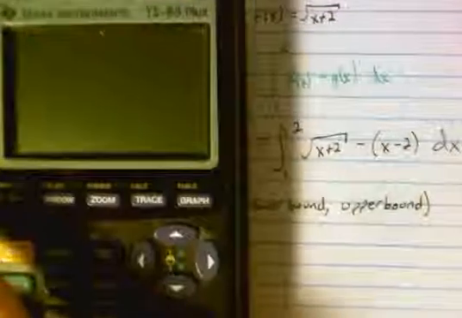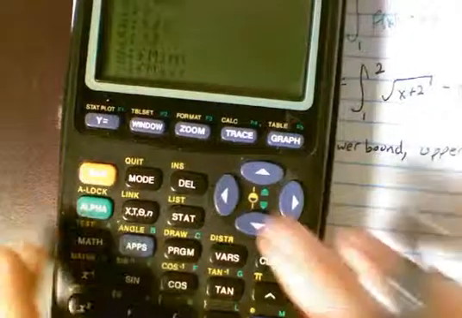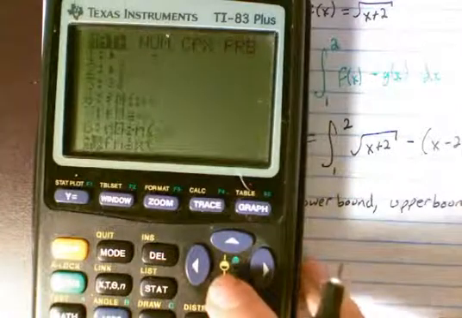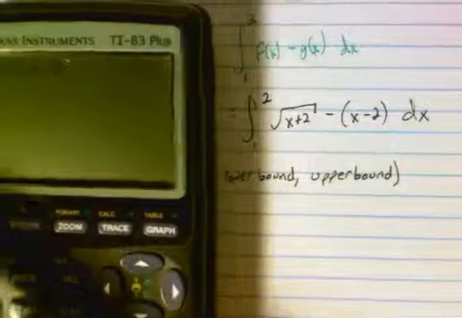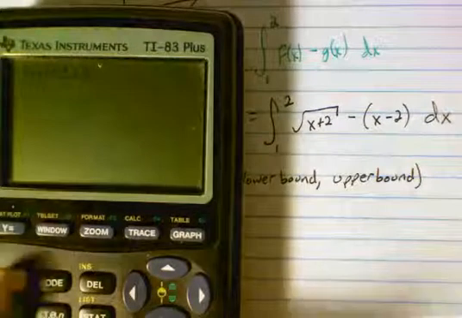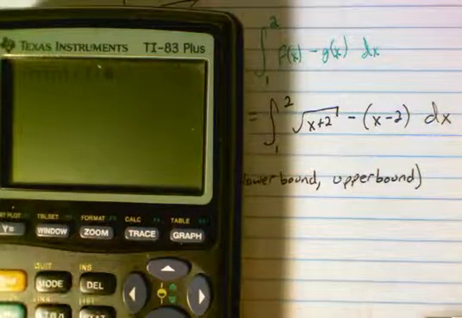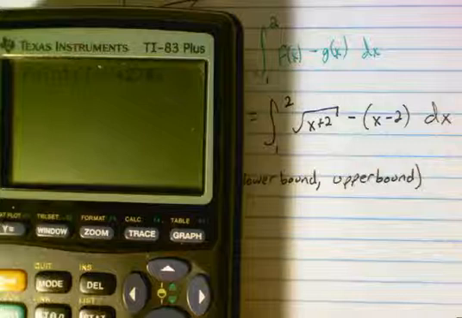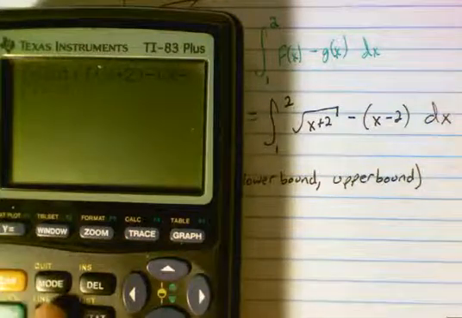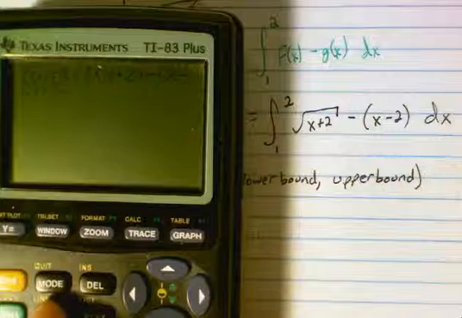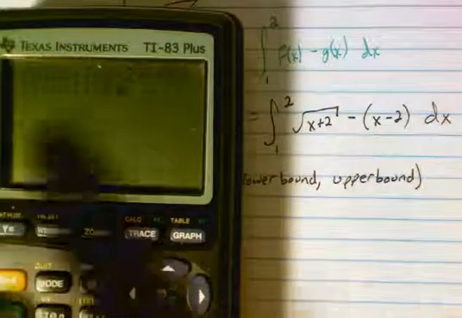So with this right here, remember we're going to math, and then down here to definite integral. That's 9. Our expression is the square root of x plus 2, close parentheses, minus in parentheses, x minus 2, comma, our variable is x, our lower bound is 1, and our upper bound is 2, right like that.